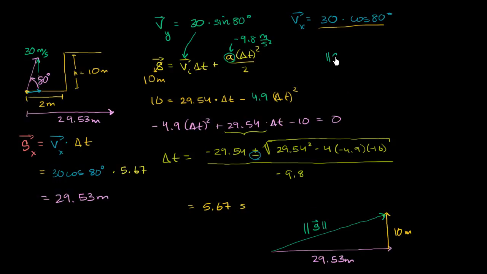The magnitude of our total displacement squared is going to be equal to 10 squared plus 29.53 squared. If we want to solve for this, we just take the square root of both sides, and we will get the magnitude of our total displacement.